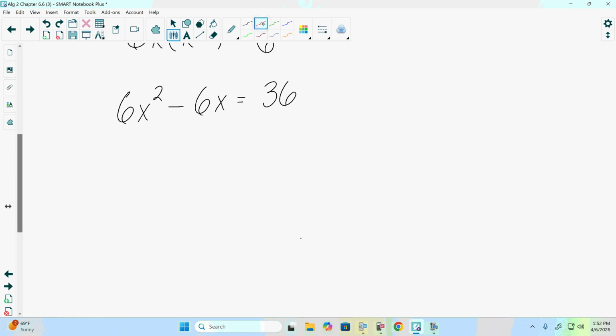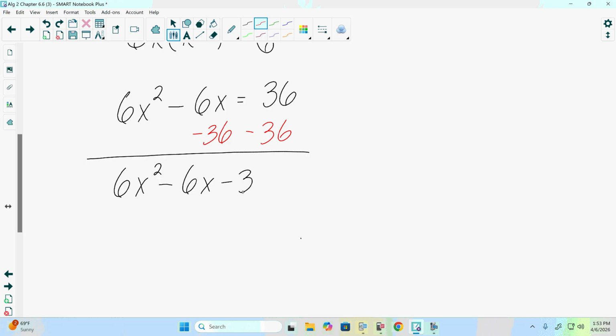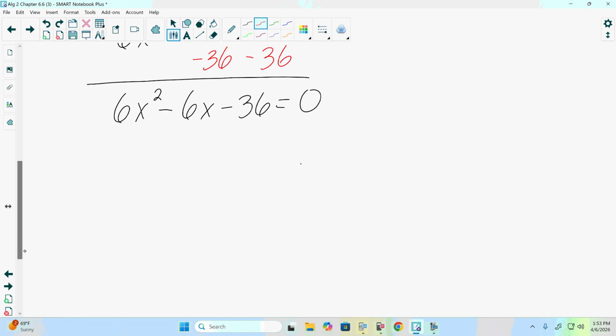Now at this point, we do have quadratic terms, a middle term, so we need to get this equation equal to 0. Subtract 36 from both sides, telling us that 6x squared minus 6x minus 36 is equal to 0.